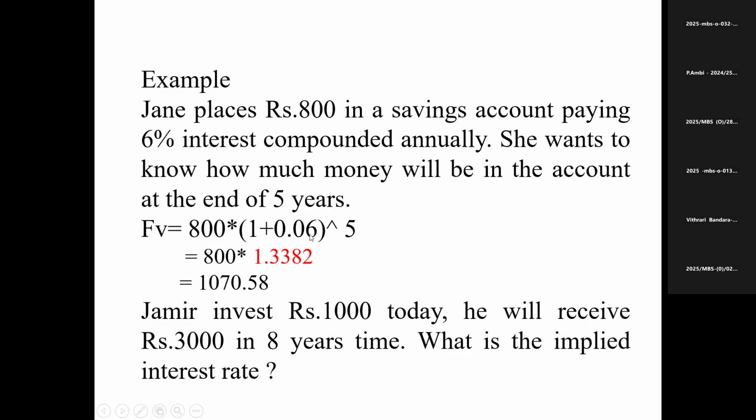Or you can use a calculator, which shows the same answer. Multiplying that gives your future value. Similarly, I put an example: Amir invests 1,000 today and will receive 3,000 in 8 years' time.